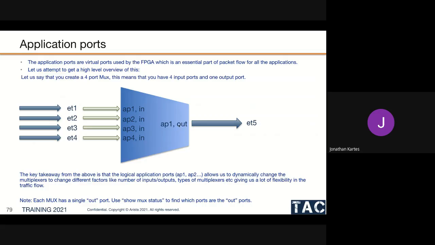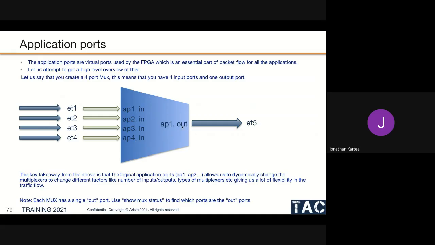You can't change which port your out port is unless you just change modes. But in which case you're going from, say, a 4-port MUX to an 8-port MUX, and AP1 might still end up being your out, but it changes the other application layouts down the line. So your out ports are predetermined and you can't change them.